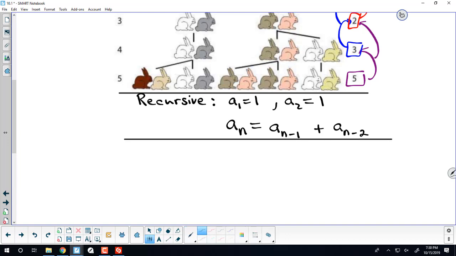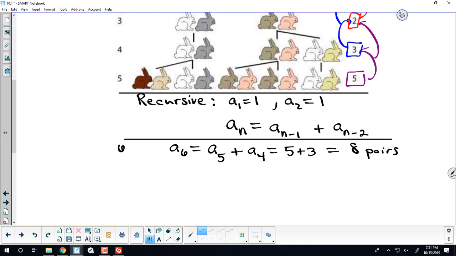So we'll come down here. At the end of the 6th month, how many pairs do we have? 8? Do y'all agree with that? We just add up the 2 previous ones, 5 plus 3. Or you can think about it as a sub 6 is a sub 5 plus a sub 4. So we have 8 pairs.